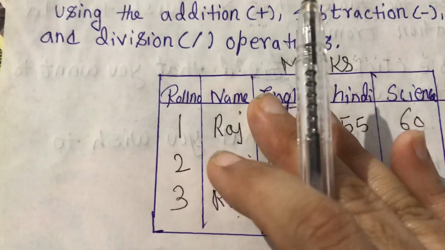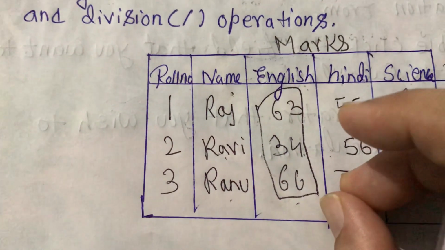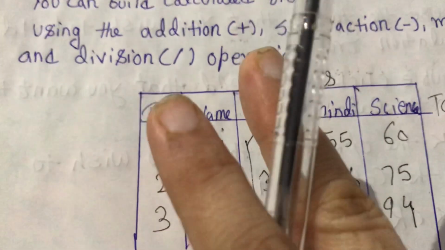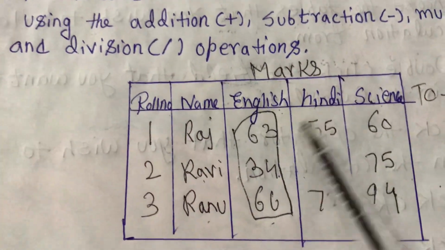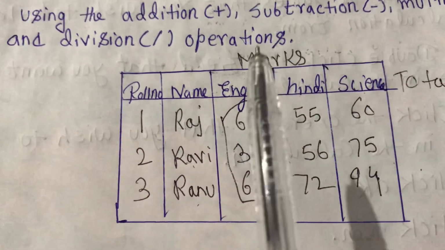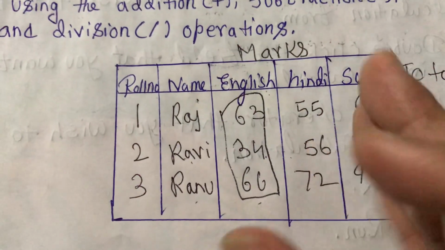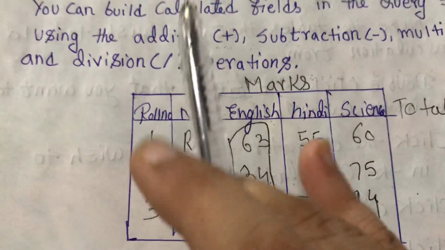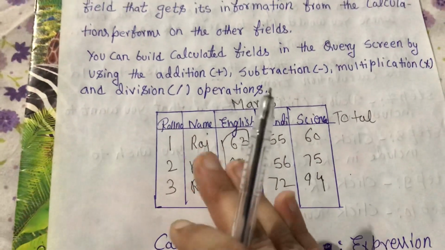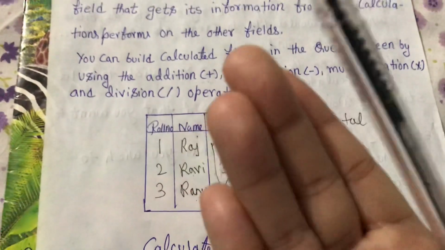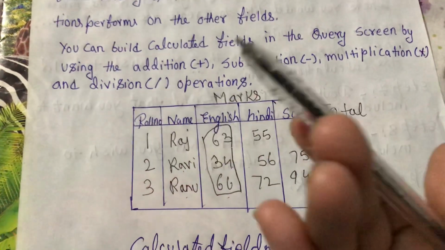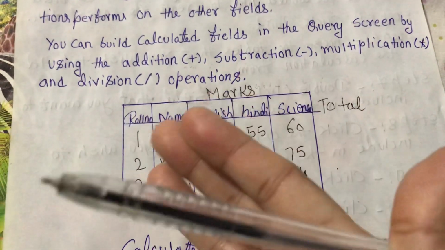Student, remember that to create a calculated field, you need to supply two details. What are the two details? A name of the field and an expression that tells Access what calculation it must perform. That means before creating the calculation, you have to tell Access what type of calculation you want to perform, for example addition, subtraction or division.